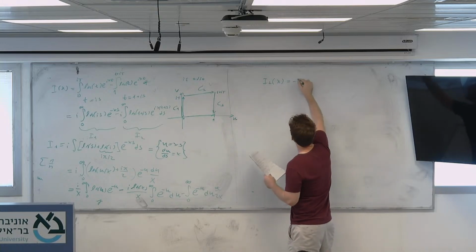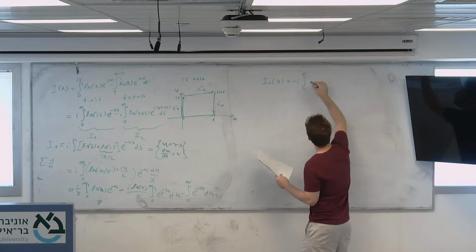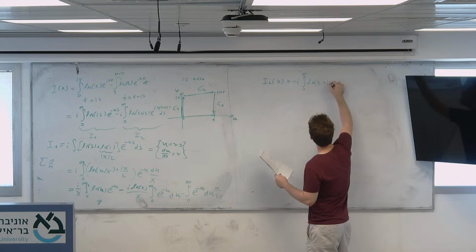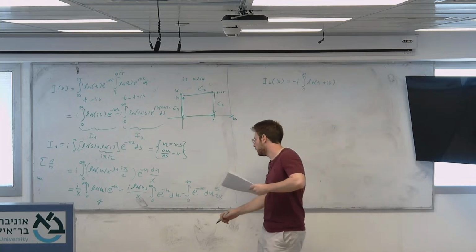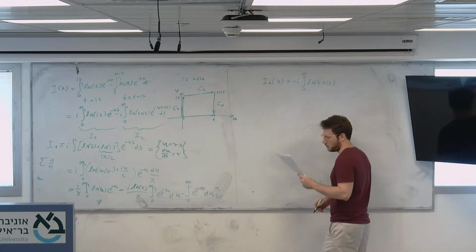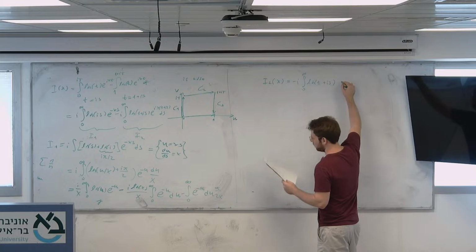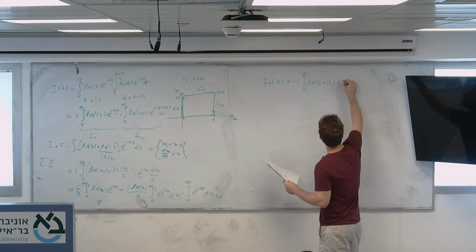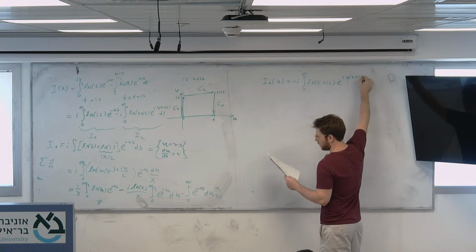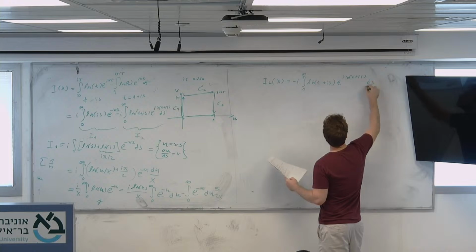So we show this: the integral from 0 to infinity of ln of (1 + is) e^(ix(1+is)) ds.